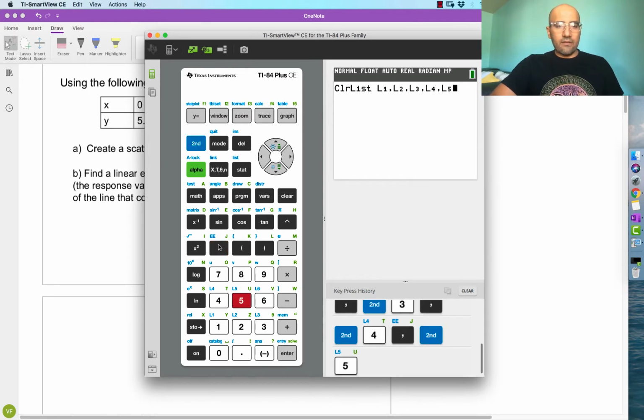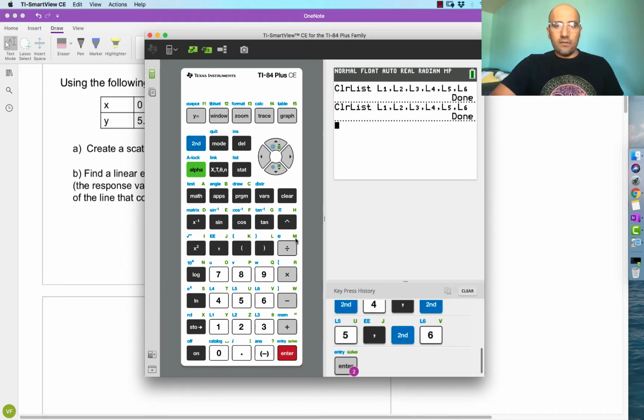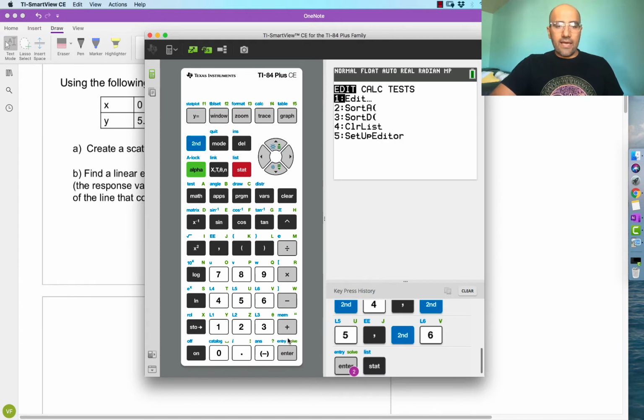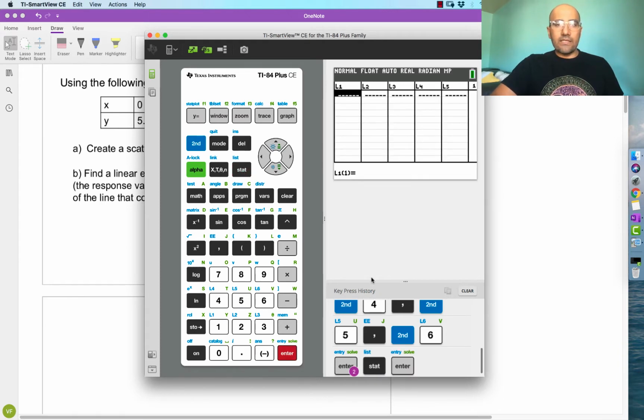I'm not sure if I needed to clear L6 also, but might as well, L6. That should clear all of them. Done. Okay, Stat, Edit, and boom, clean slate.